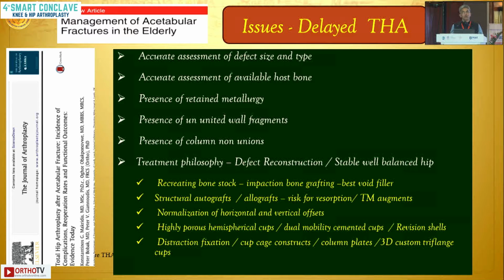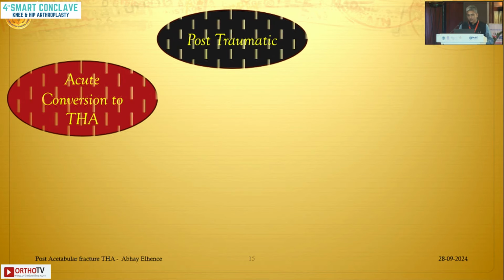Presence of ununited wall fragments, presence of column non-unions, and essential treatment philosophy essentially works around recreating bone stock, having grafts to restore bone, normalization of the offsets, using highly porous coated shells which can osteointegrate well, dual mobility cups if you have relative abductor dysfunction, and sometimes you need alternative strategies in severe acetabular defects like distraction fixation, cup cage constructs, column plates, and 3D flange cups.